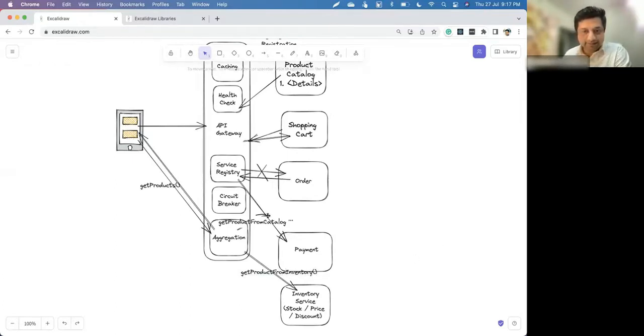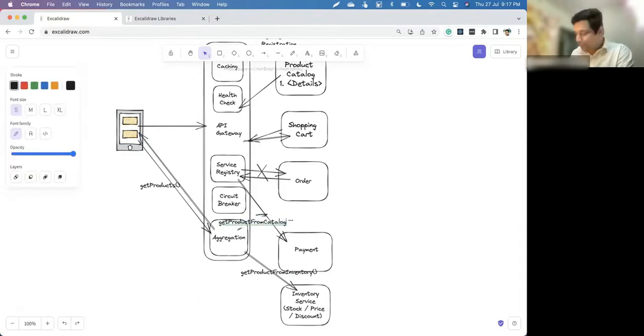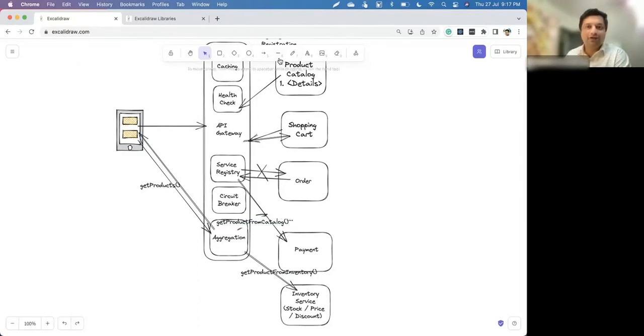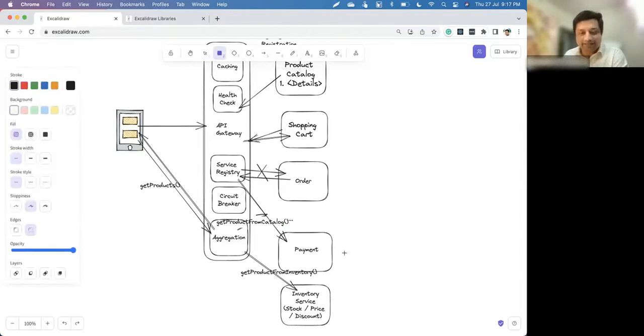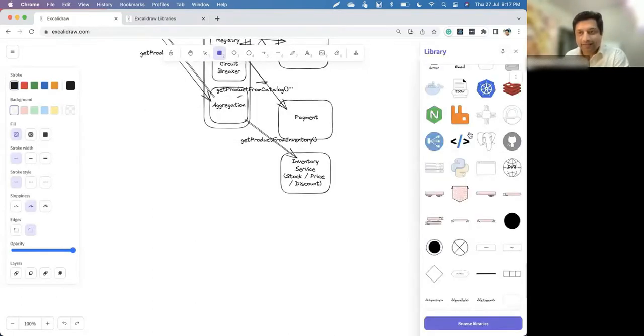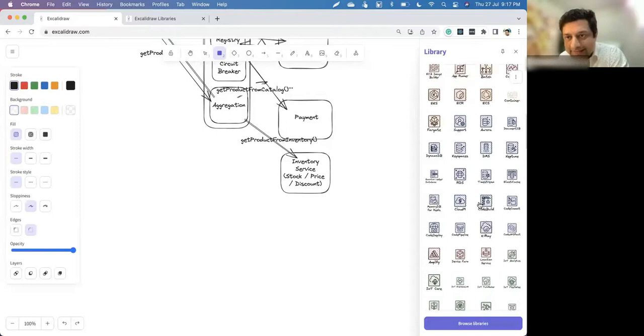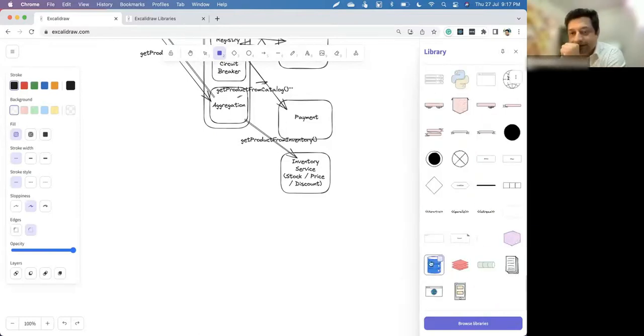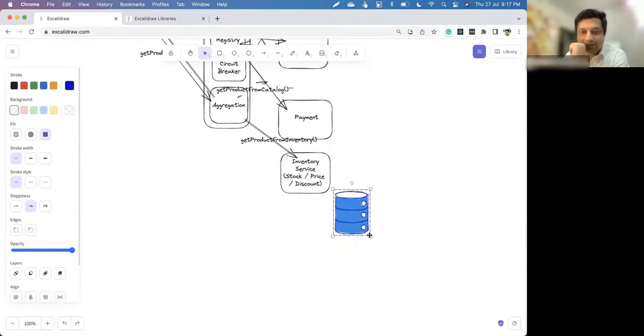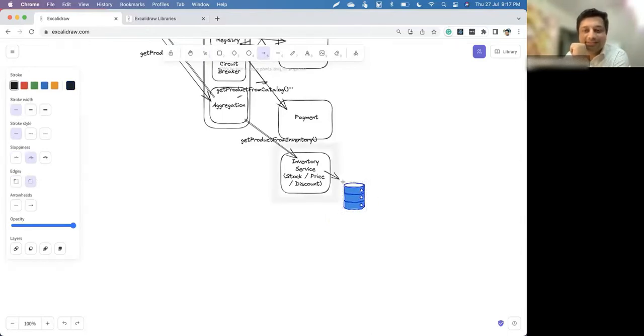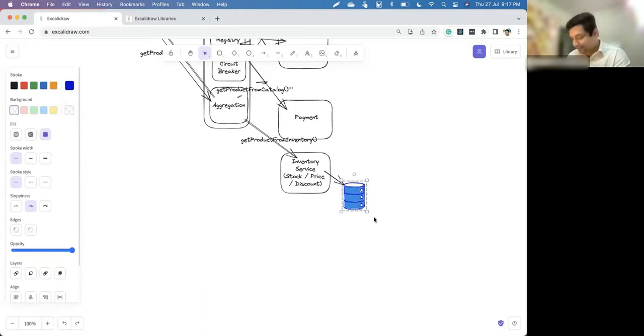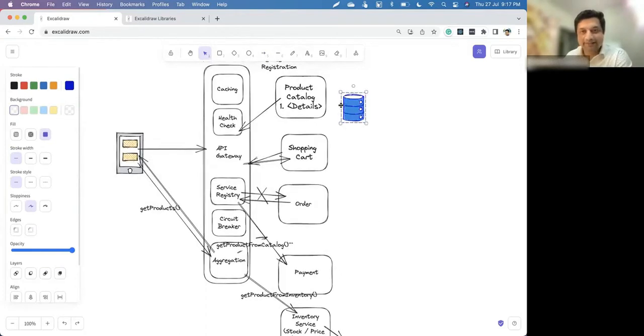This is happening, right? If you had a monolith, basically what you will have is, you will have here another database. Let me draw that again, a database. As I said, in microservices, each of the services will have a separate database.